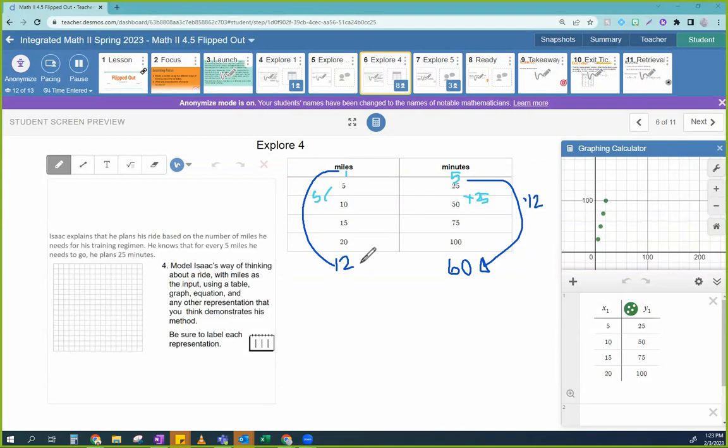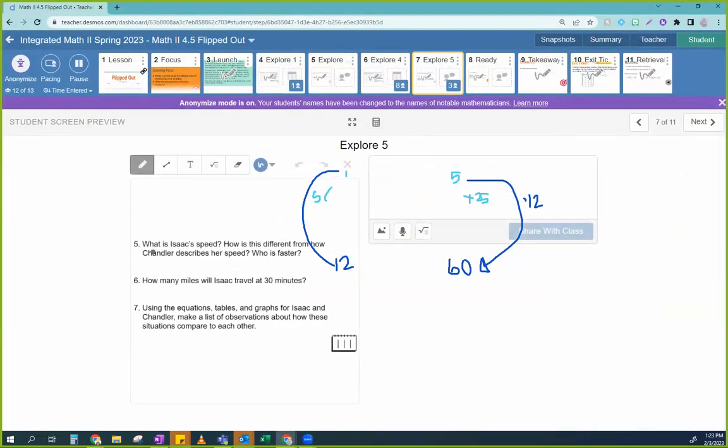So this person is also going 12 miles in 60 minutes. So who's going faster? Because that was that question. Or maybe I was jumping the gun there. What's Isaac's speed? You guys figured this out, right? He's going 12 miles in 60 minutes.